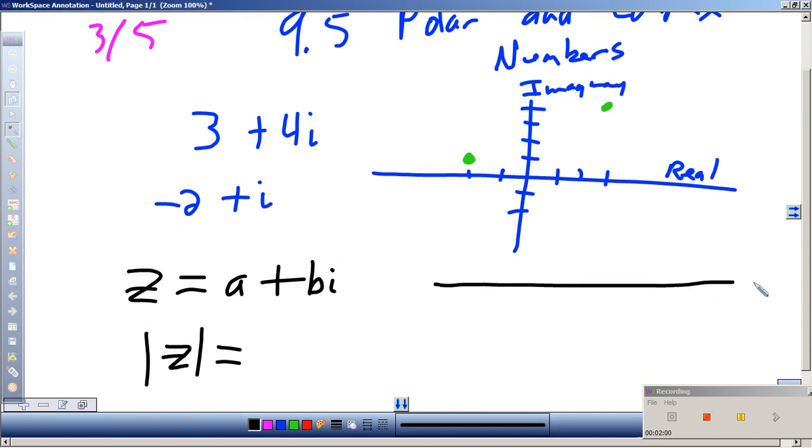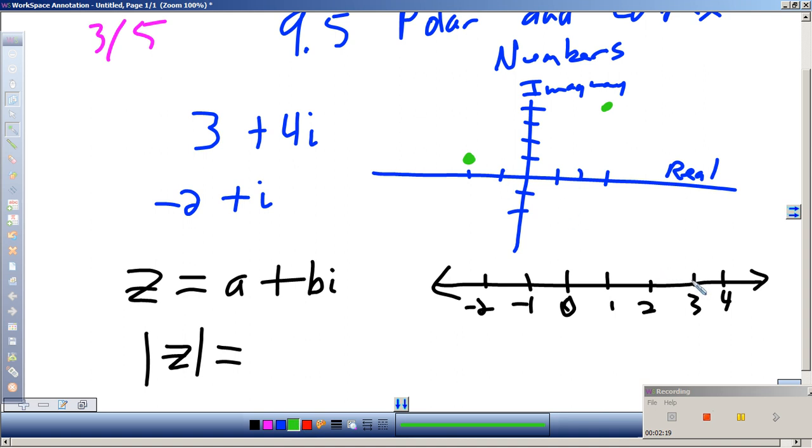Not the graph, I mean, say if we had our number line here, 0, 1. What is the definition of absolute value? The distance from 0.